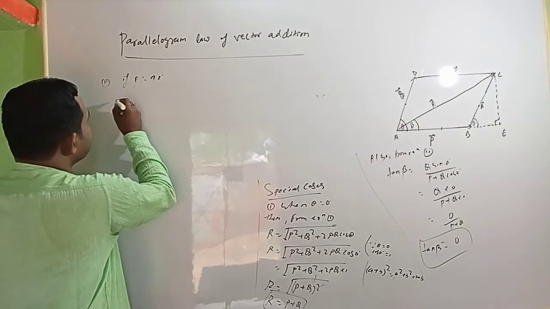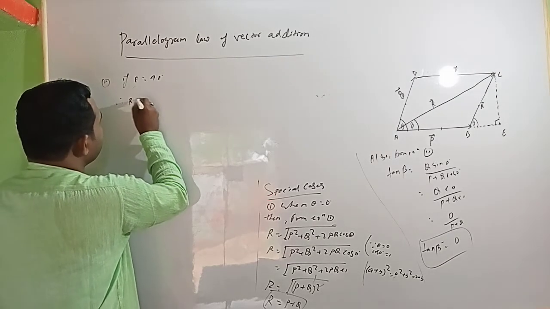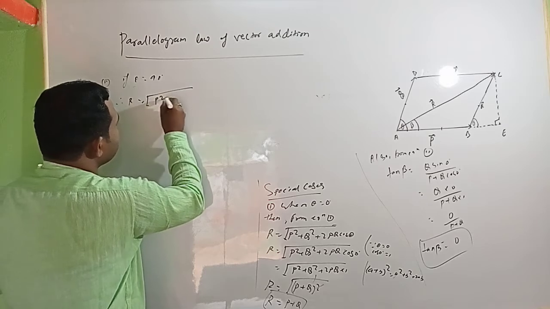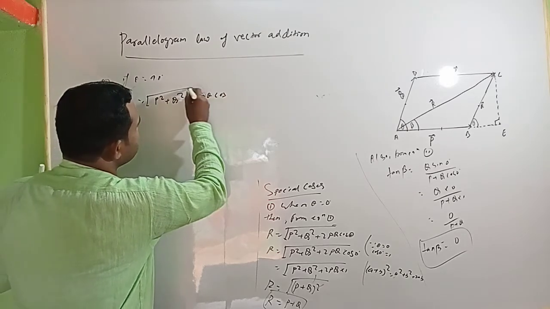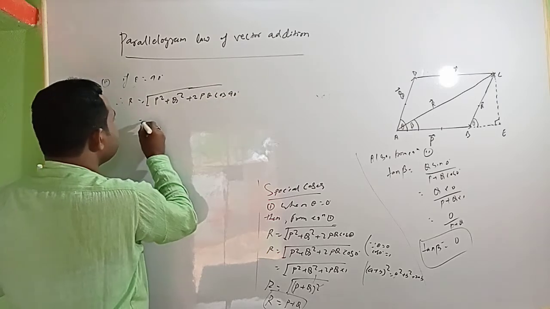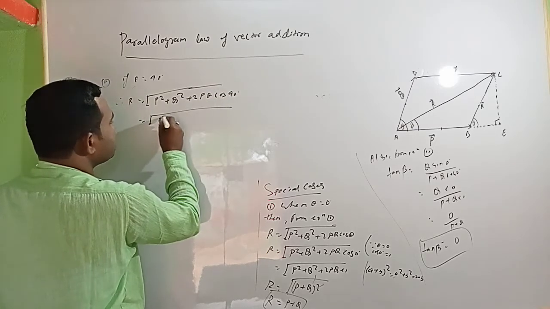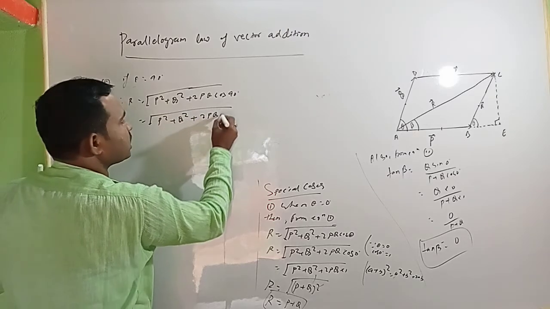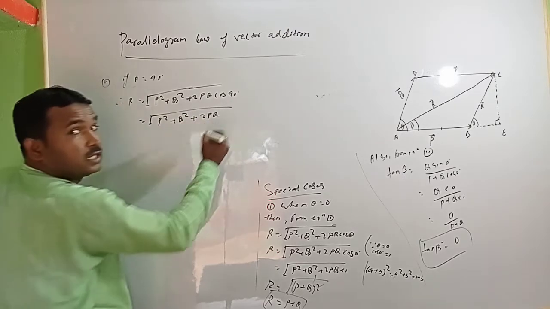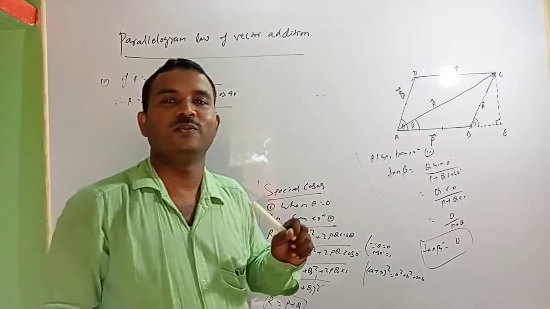So, therefore r equals root under p square plus q square plus 2pq cos 90 degrees. Cos 90, who will take? 0. Very good.